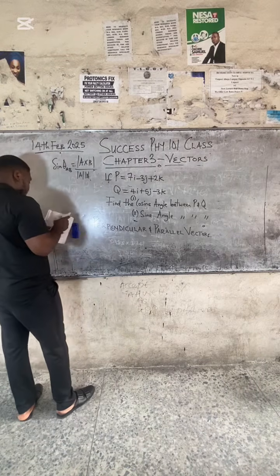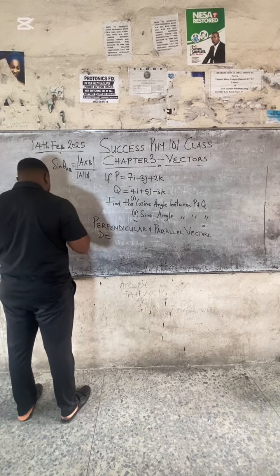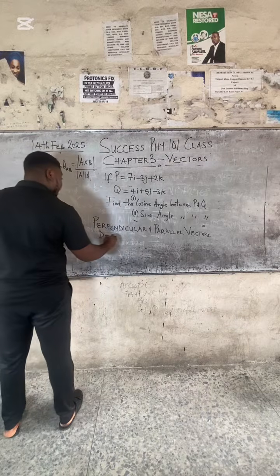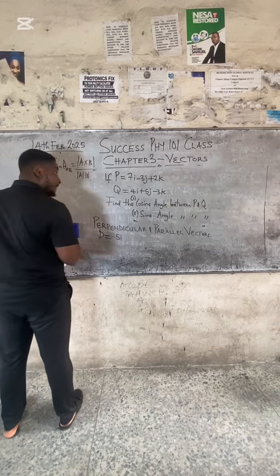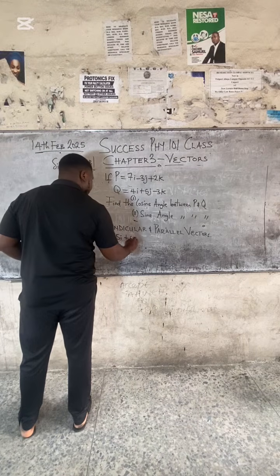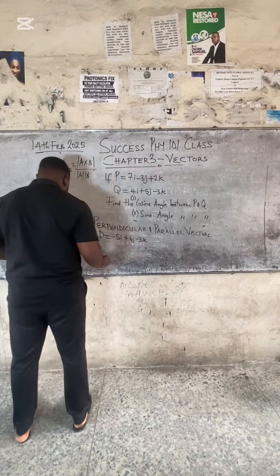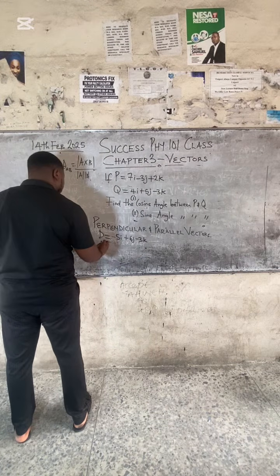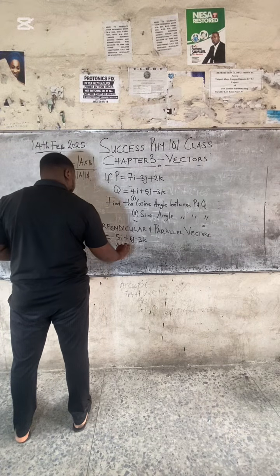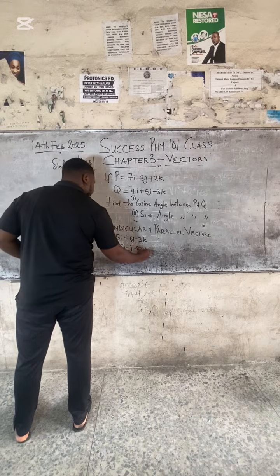Class, given the vector D equals minus 5I plus 6J minus 3K, and E equals 48I minus J minus 82K.